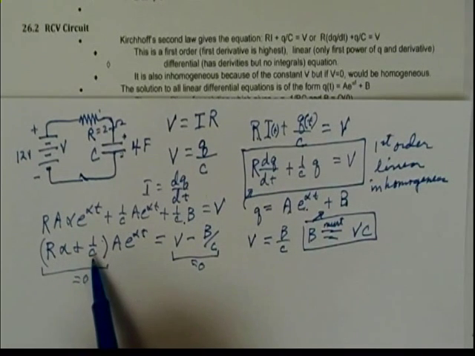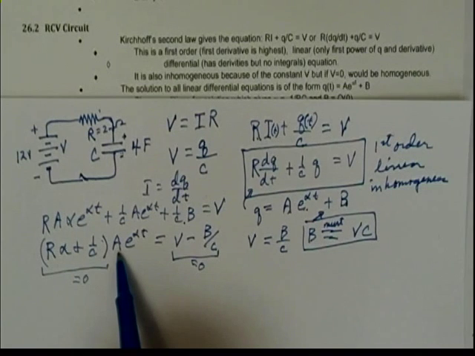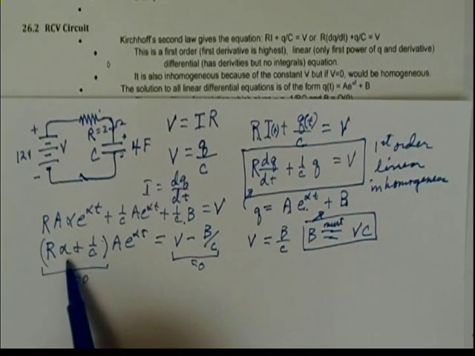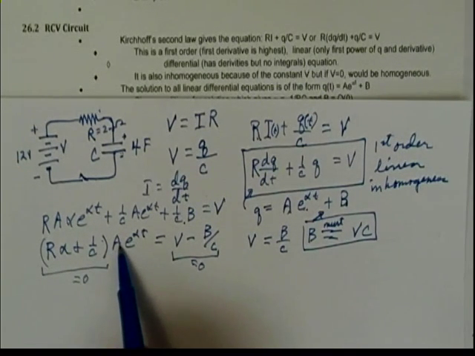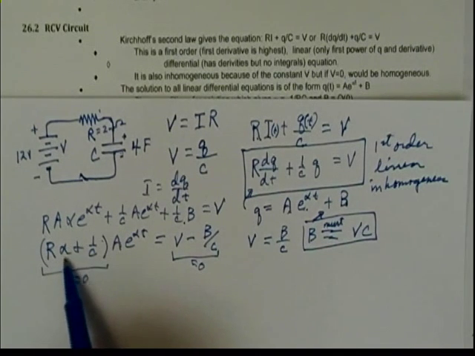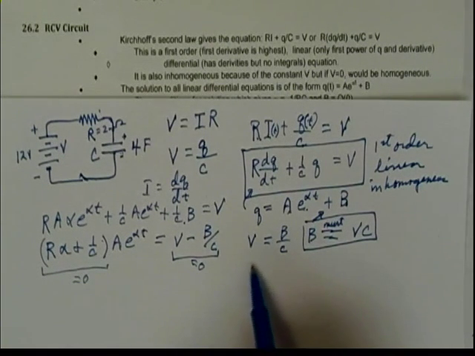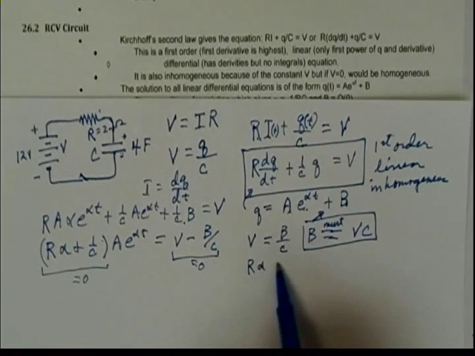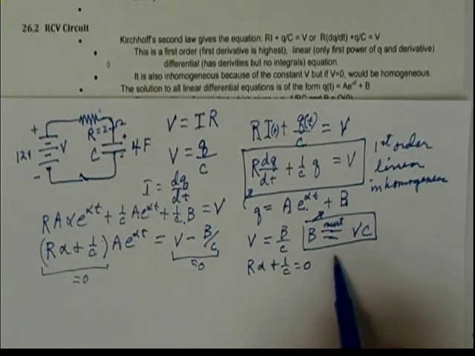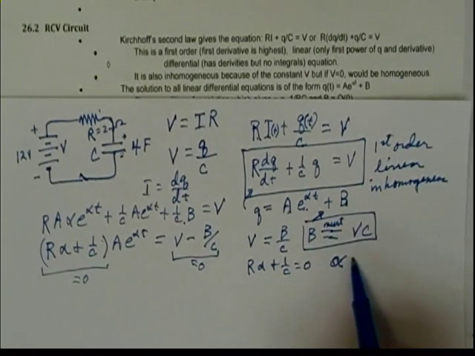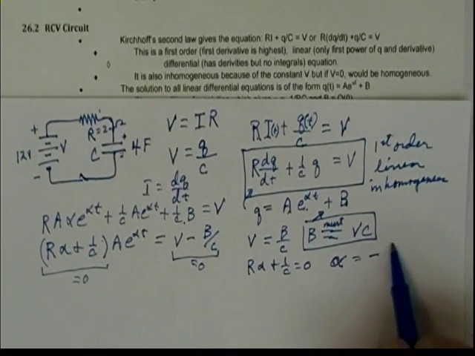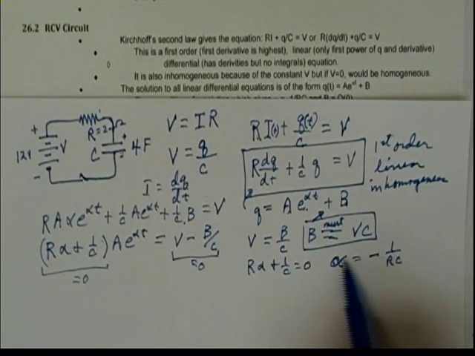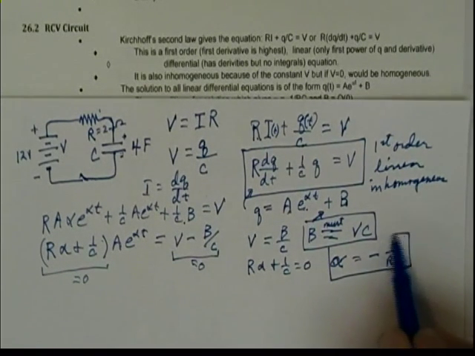Next we can look at the term over here. A can be anything, but it does constrain alpha, and we get the equation R times alpha plus 1 over C is equal to 0, and that's solved easily in your head. Alpha is going to be equal to minus 1 over RC. And that's our second constraint.